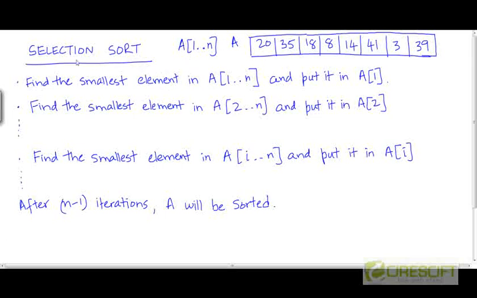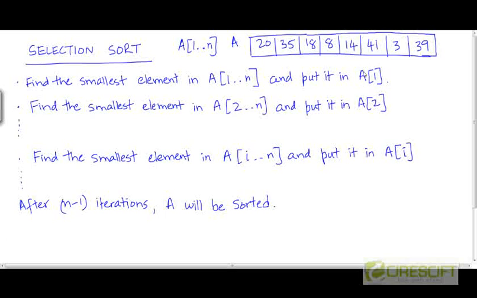the way we went about sorting an array A was in the following way. We first determined the minimum element in the whole array A of 1 to n, and we put the minimum element in the very first location of the output array, which in this case is A itself.